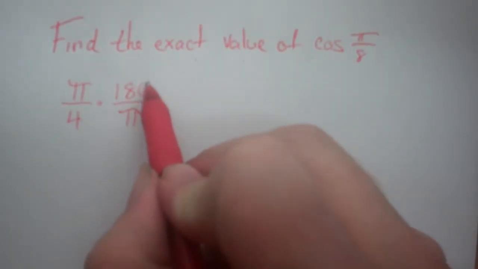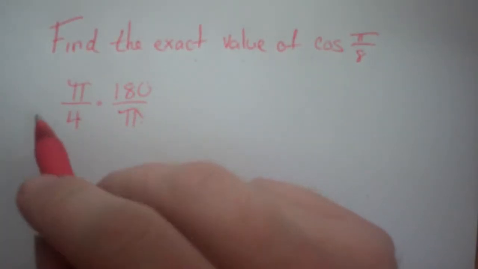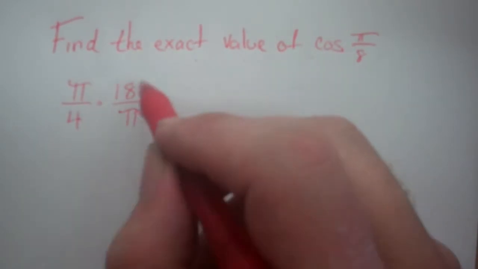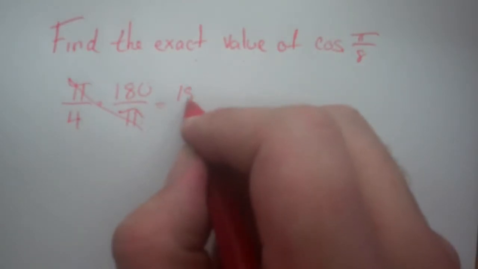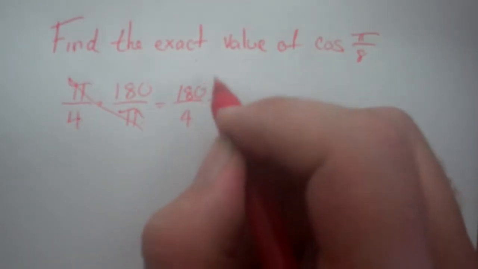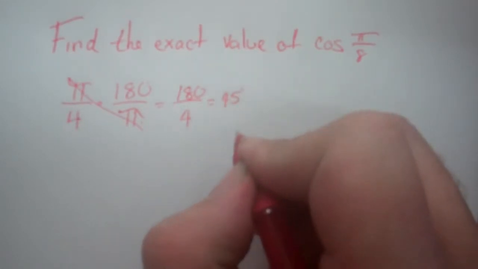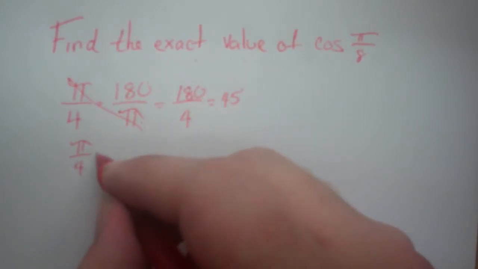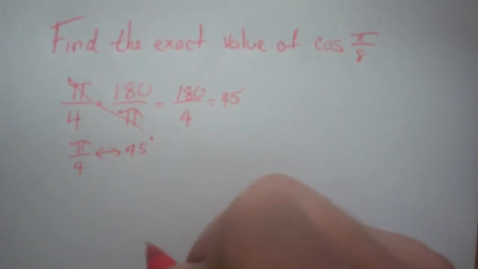Because you see here is the degrees on top, the radians on the bottom. It'll cancel out with the radians, and we'll get a nice value in degrees. See, these pi's will cancel out, and we're left with 180 over 4. 180 divided by 4 is 45, and so that means that pi over 4 is the same thing as 45 degrees.